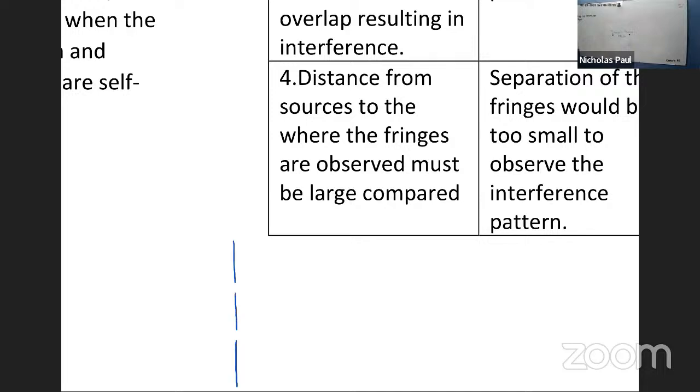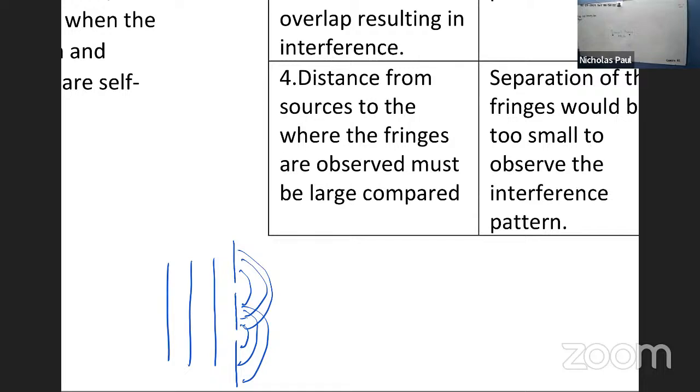Whose experiment is this? Young's double slit. When the light rays go through here, they undergo diffraction. And what has happened at different points? When they intersect, you have constructive and destructive interference. What happens at constructive interference?